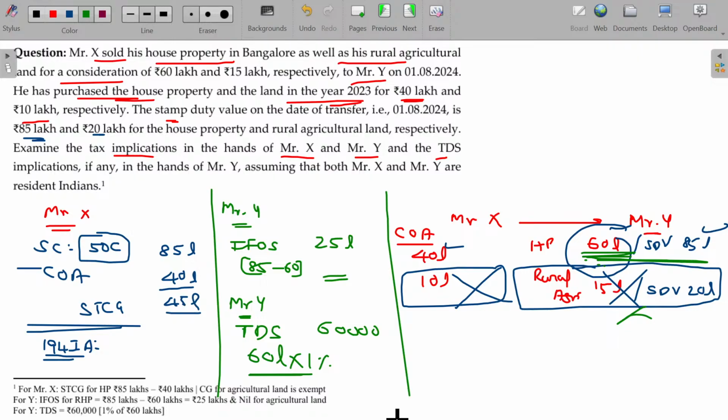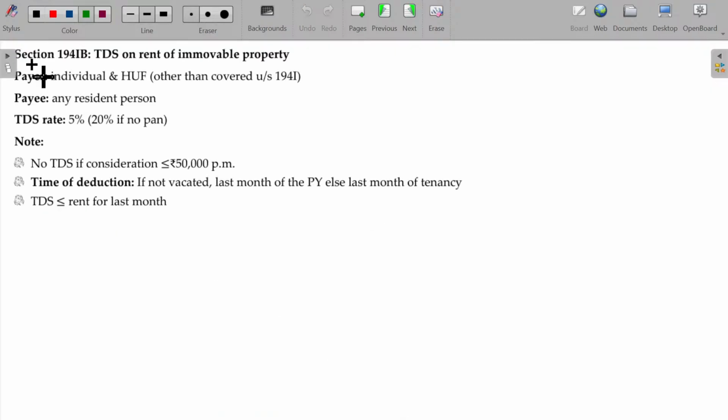Now, let's move on to the next one, 194IB. It's one of the interesting concepts. If you are paying rent for land and building, it is covered under section 194I.